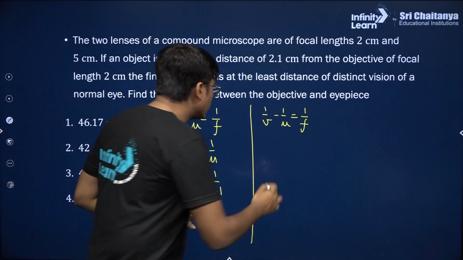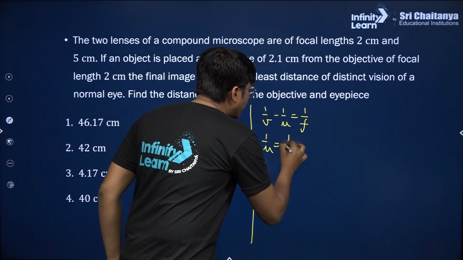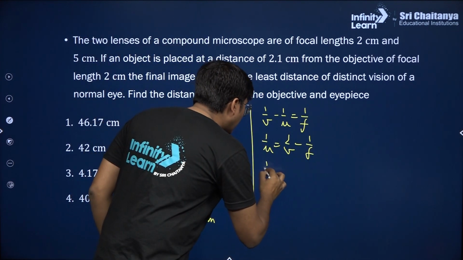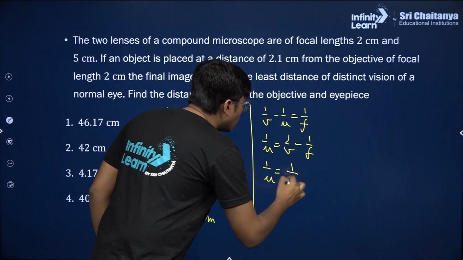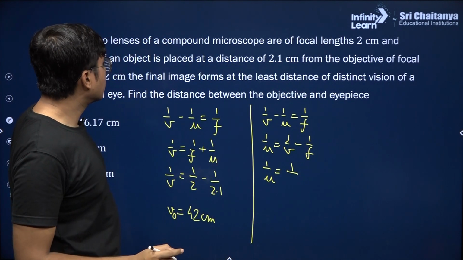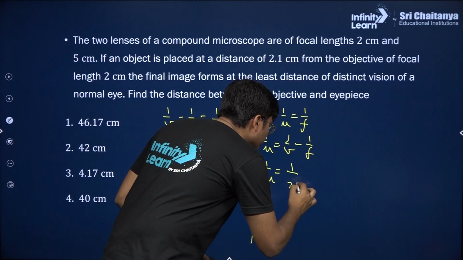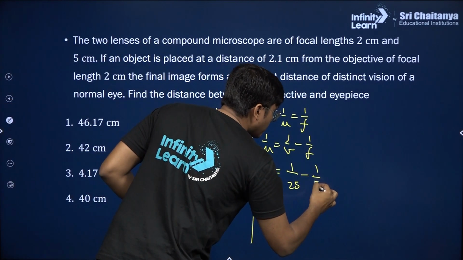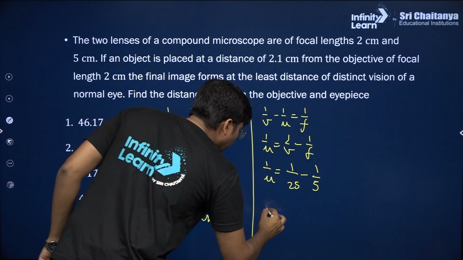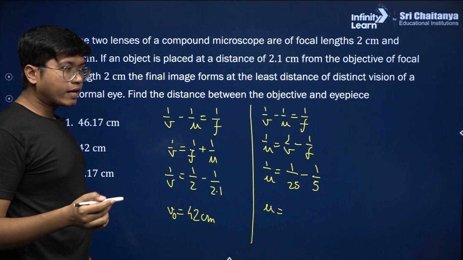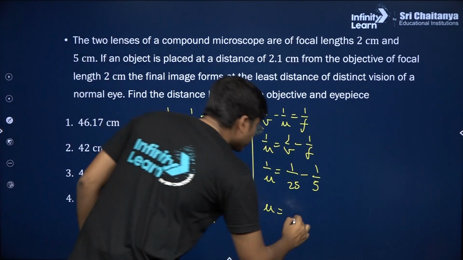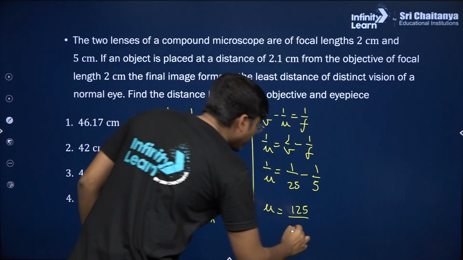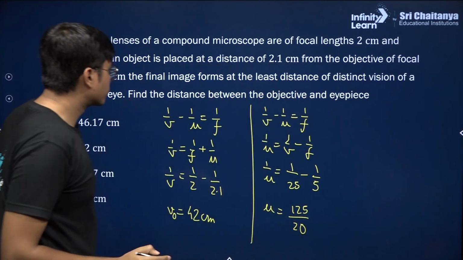So 1 by u is 1 by v minus 1 by f. v is 25 centimeter, minus 1 by 5. That makes u as 25 into 5 divided by 30. 25 into 5 is 125 divided by, my bad, it would be 20 over here.